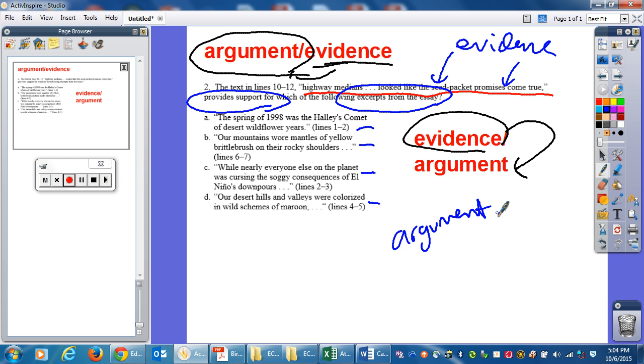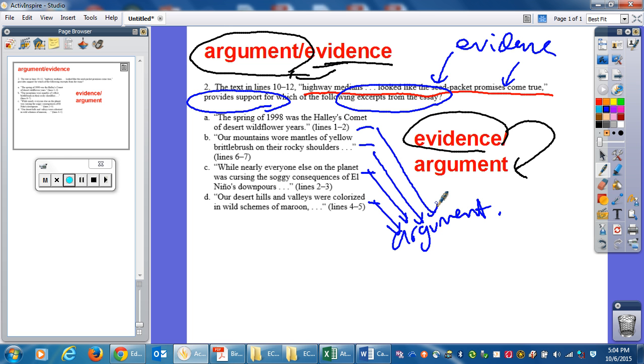Essentially, when you see a question like that, your best bet is to go back to that area of the reading and determine, okay, this is the evidence. Which one of these things has the relationship of argument and evidence? We are provided right here the evidence. The question is which one of these is the argument that it is supporting?